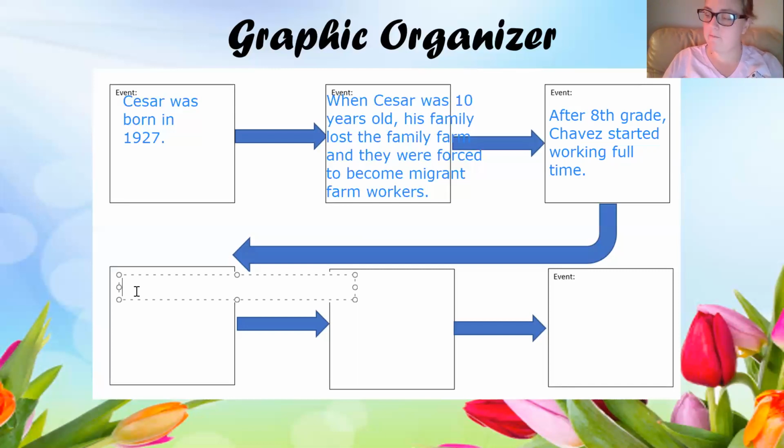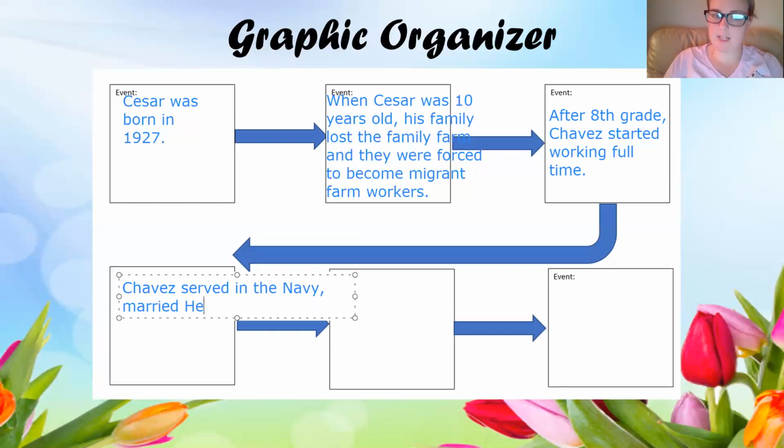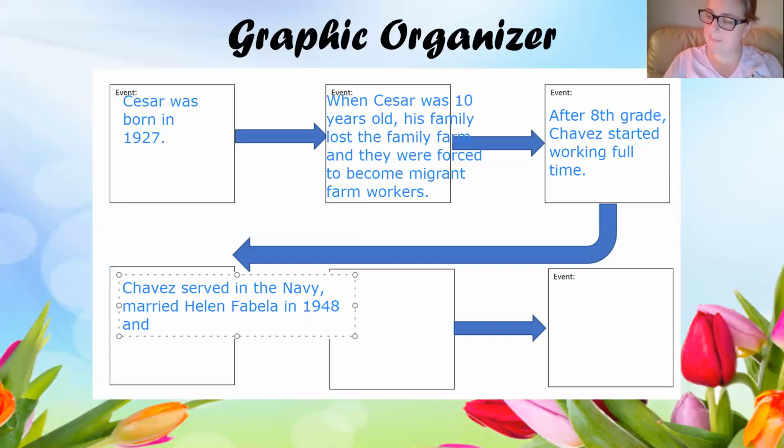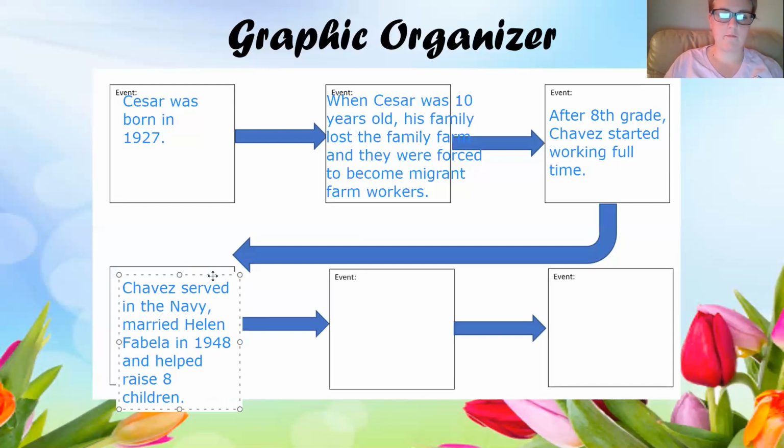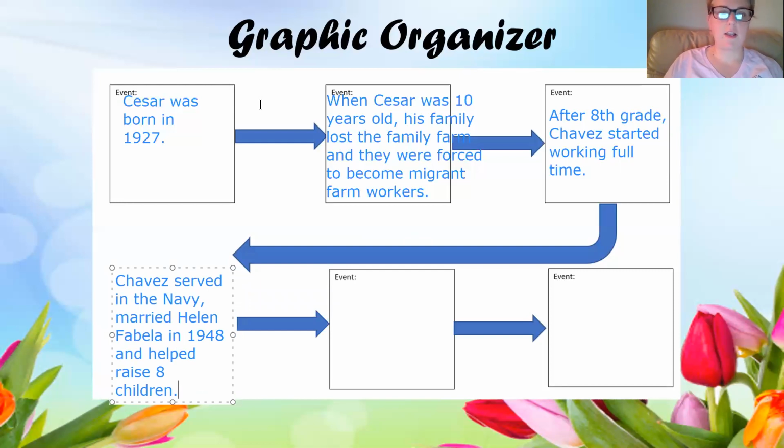So we're going to say, Chavez served in the Navy, married Helen Fabula in 1948, and helped raise 8 children. Okay, next box.